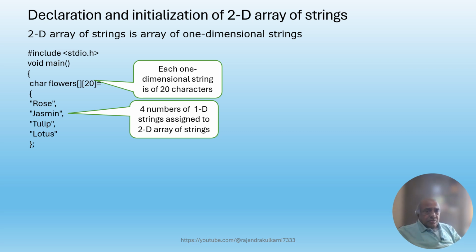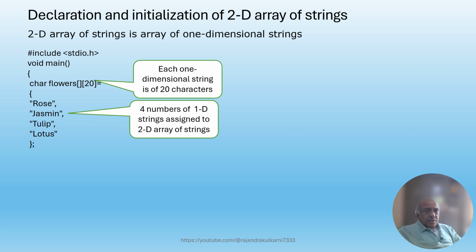So when we have to declare and initialize 2D arrays of strings, we have to enclose each 1D string in braces, and then the closing brace is followed by a semicolon. This is how a 2D array of strings is initialized.